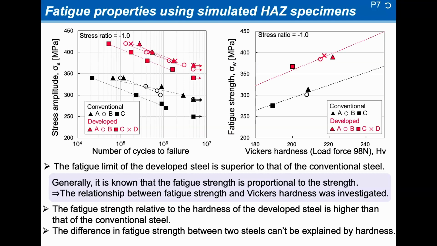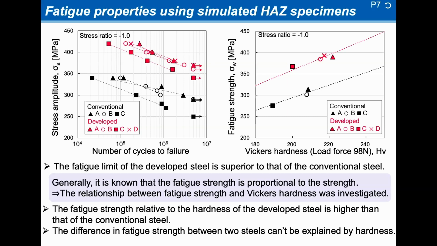I'll show you fatigue properties using simulated HAZ specimens. This figure shows the relationship between stress amplitude and the number of cycles. You can see that fatigue limit of the developed steel is superior to that of the conventional steel.